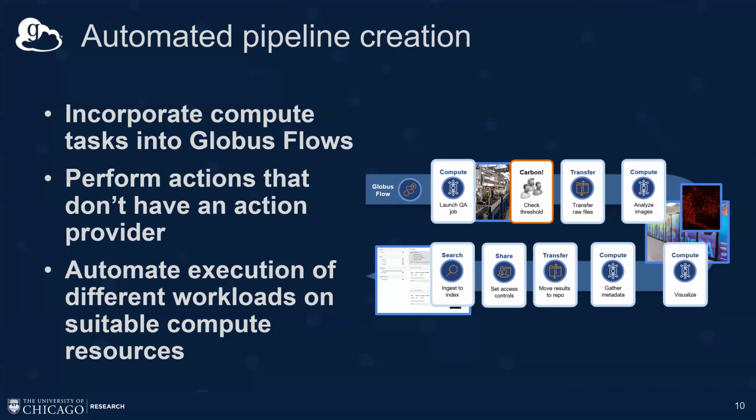So you can have a compute endpoint right next to your source data, and then make it a flow that will first tar and then send it to where you want it to go. And you can do it manually or automate the execution. Lots of flexibility.